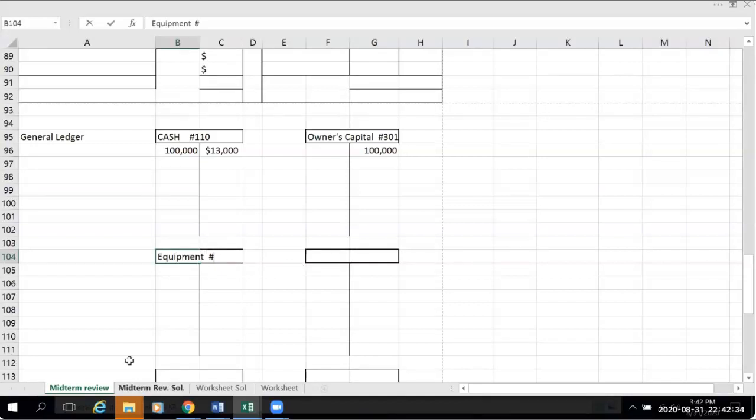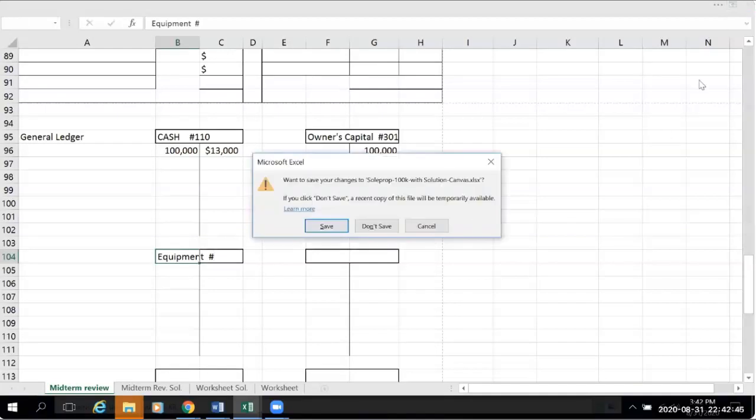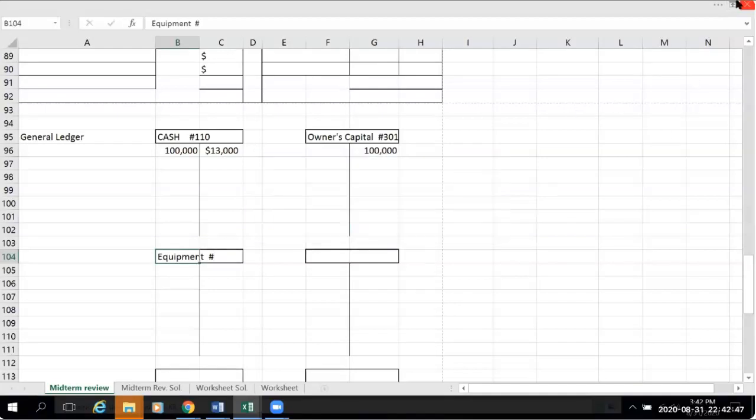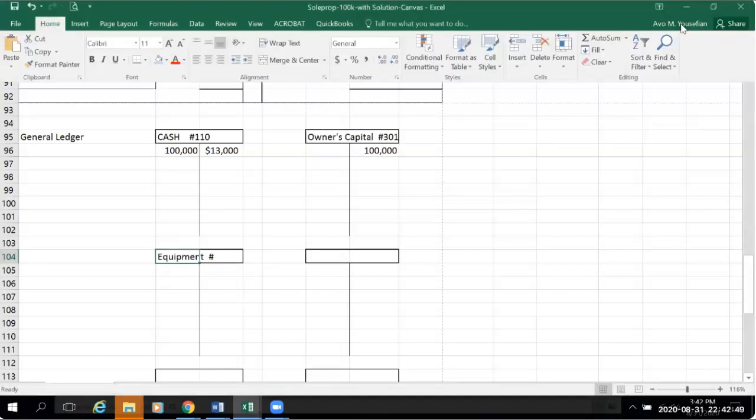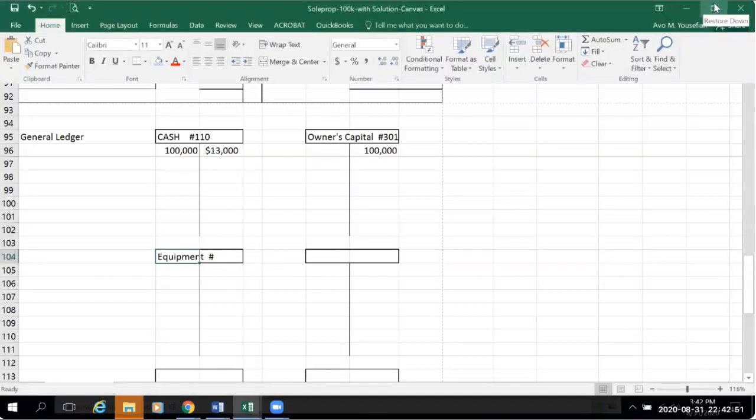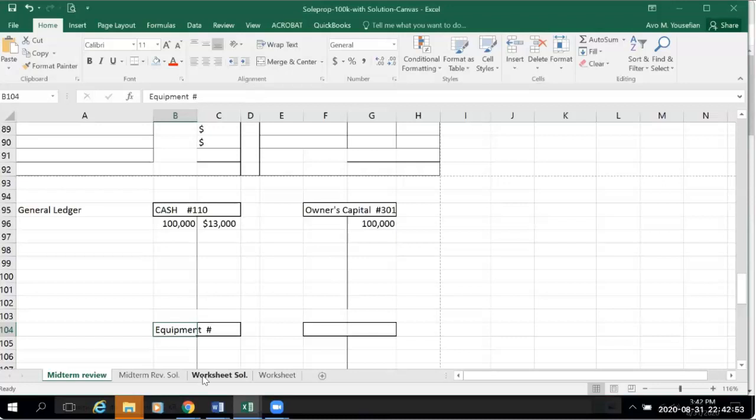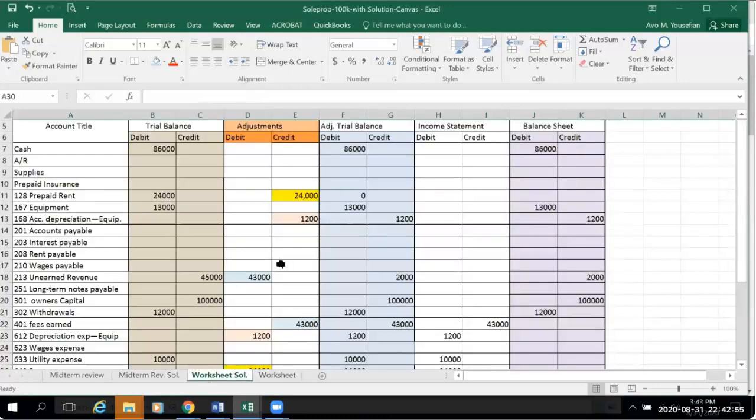Let's go to the worksheet and look at the equipment. Account number is 167.